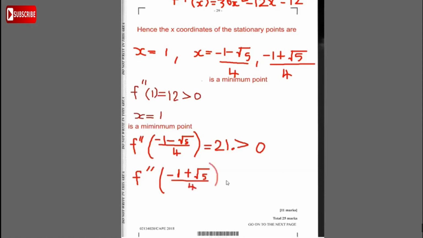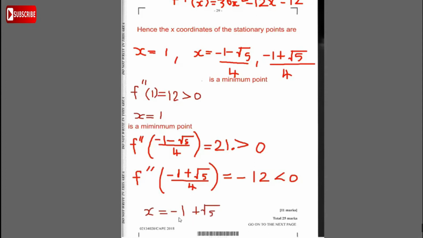Working out this, what we get is minus 1 plus root 5 divided by 4 is 0.3. 36 times that squared minus 12 times that minus 12, that's negative 12. So in this case, we get negative 12, which is less than 0. And so this is a maximum point. So you can tell them that x equal minus 1 plus root 5 over 4 is a maximum point.